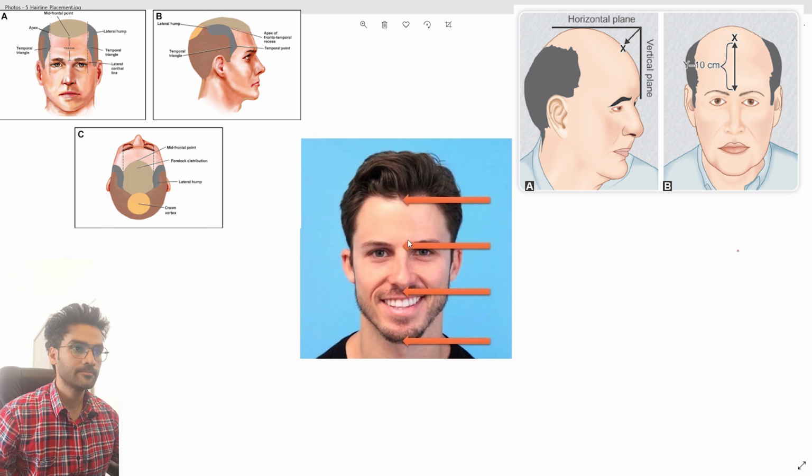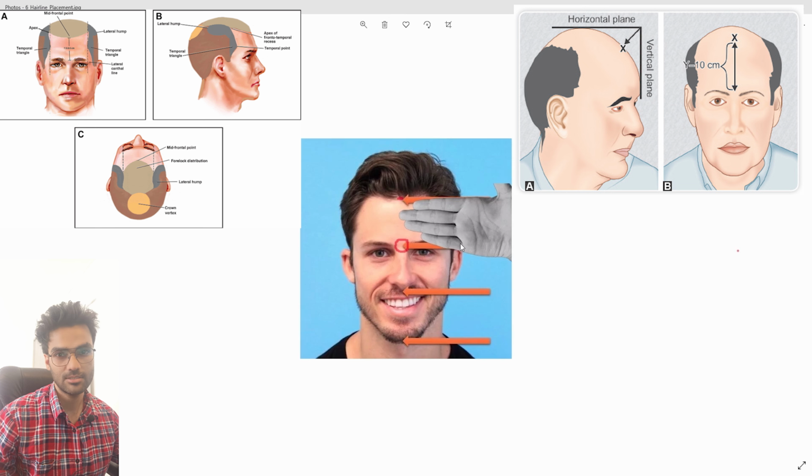So moving on, here is our central point between your eyes, and the distance between these two points is around 8 to 10 centimeters.